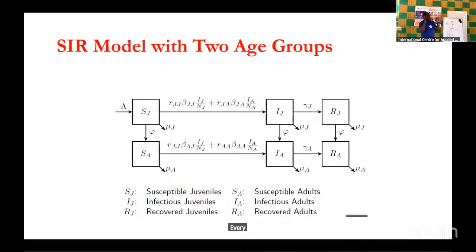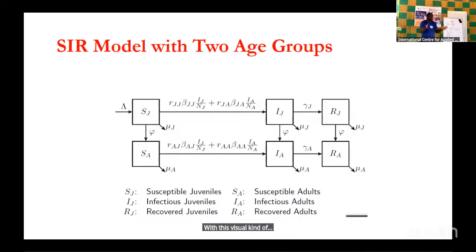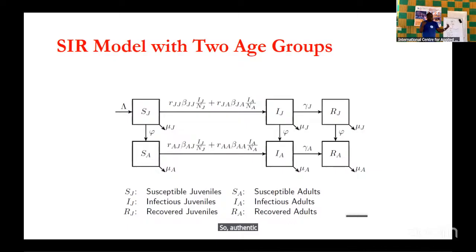Everything I'm talking about in terms of the prediction of the result of the model will be based on my assumptions, because every model is limited by its assumptions. Everything I want to discuss in terms of the implications and the results will still be based back on my limitations. And you can see that already in the limitation around the first model that is homogeneous.